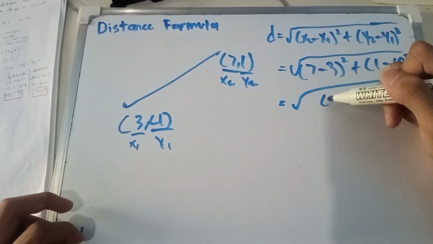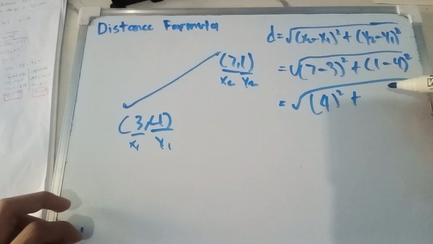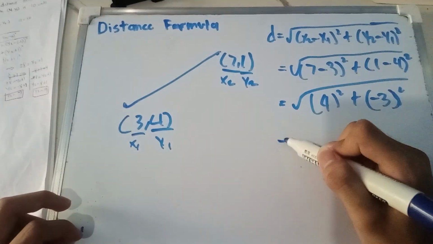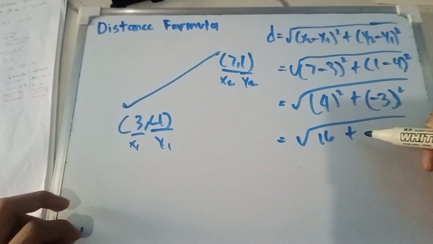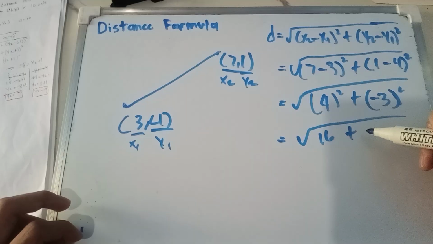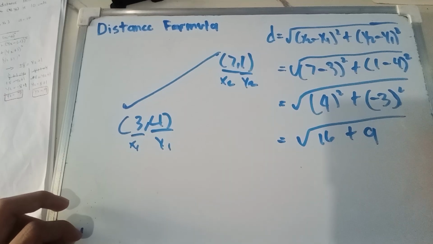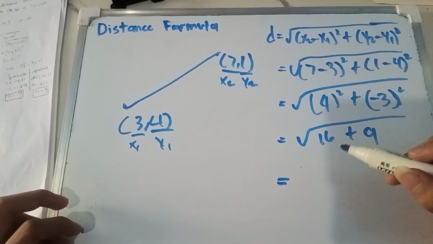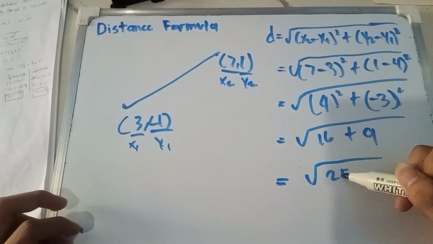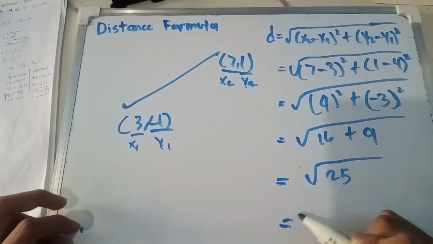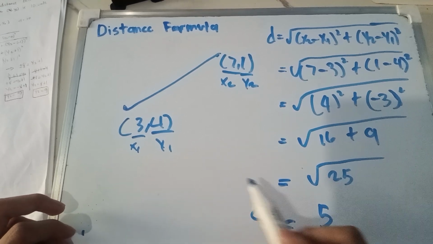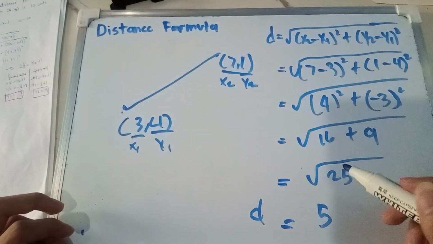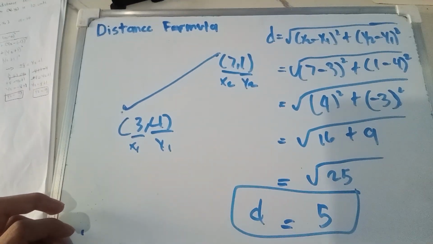Now, 7 minus 3 is 4, squared, plus 1 minus 4, which is negative 3, squared. 4 squared is 16 plus negative 3 squared, that is positive 9. 16 plus 9 is 25, and the square root of 25 is 5. Therefore, the distance between this point and this point is equal to 5 units.